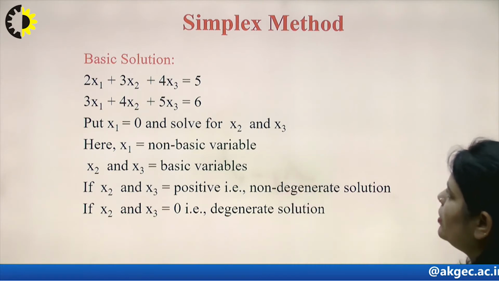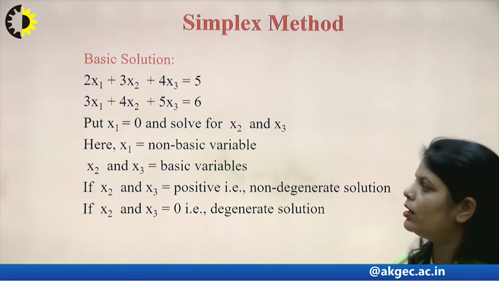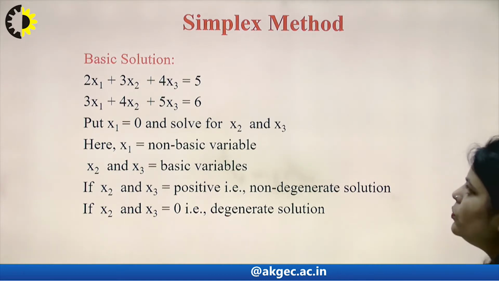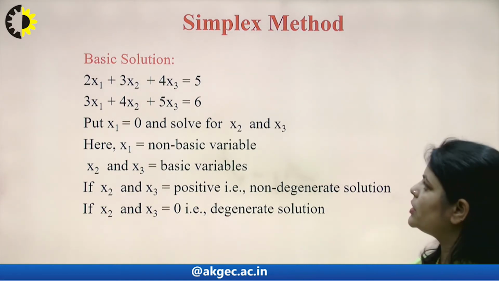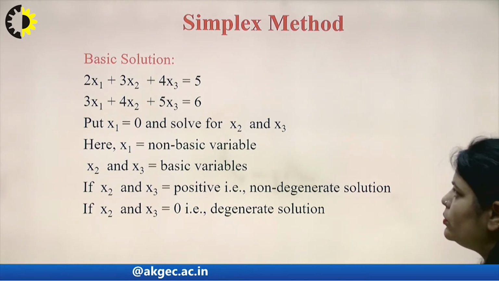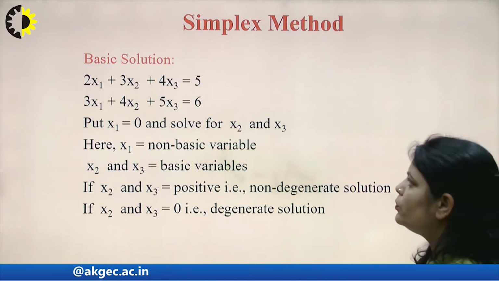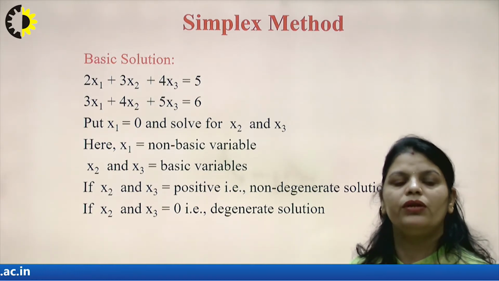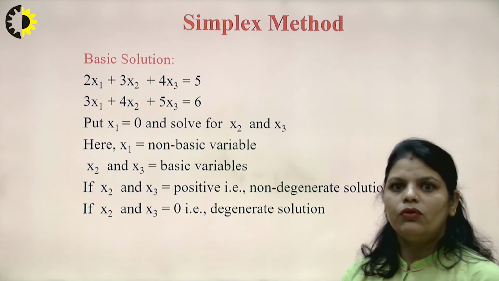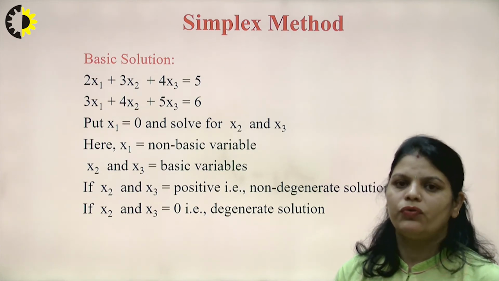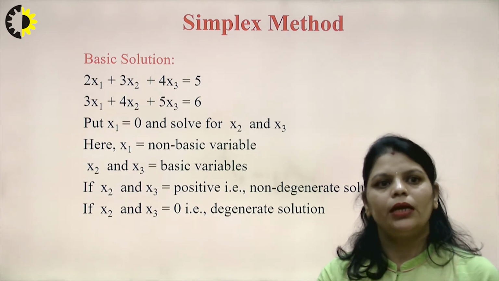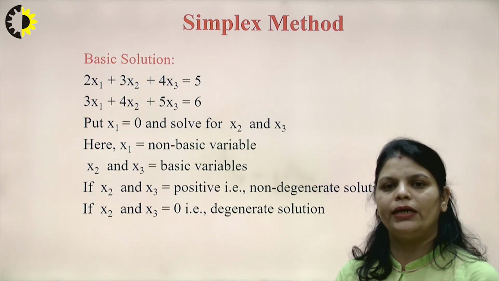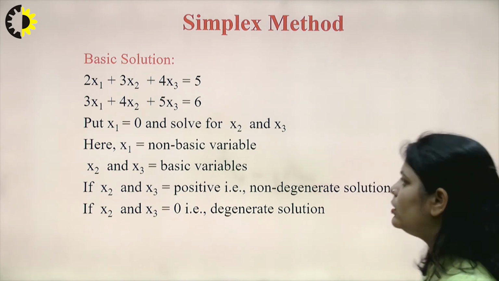For example, if we have the equations 2x1 plus 3x2 plus 4x3 is equal to 5 and 3x1 plus 4x2 plus 5x3 is equal to 6. Here we can see that we have 2 equations, but 3 variables. So we will put the value of one variable equal to 0, and we will solve these 2 equations for finding out the values of the other variables.